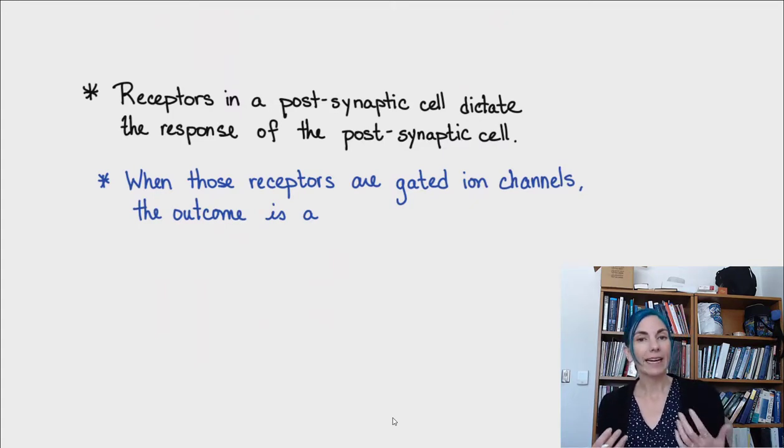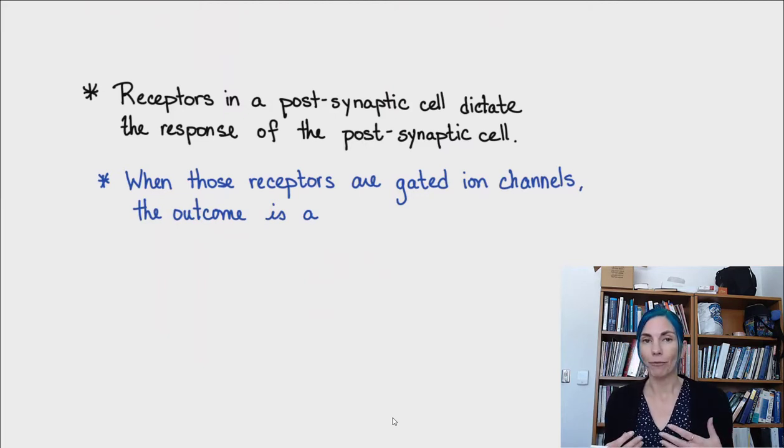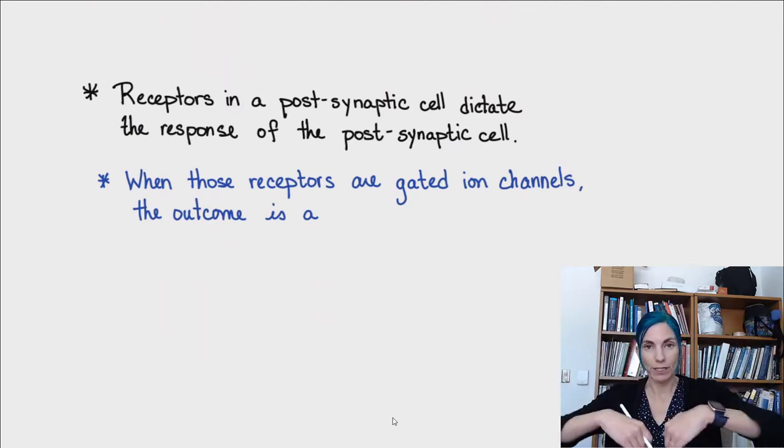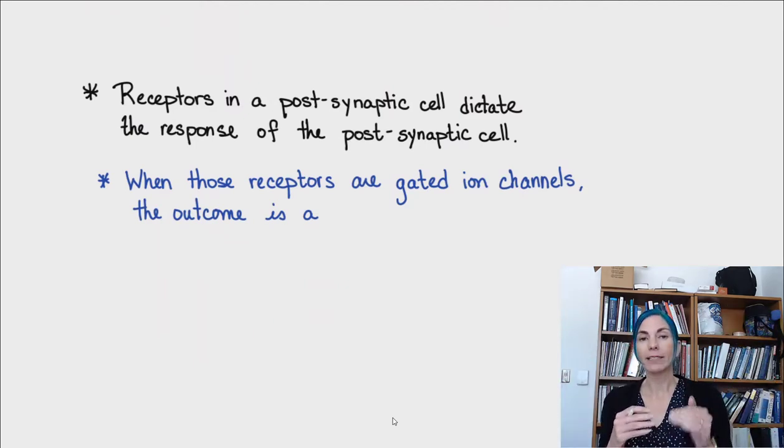So if that gated ion channel allows chloride through, chloride comes into the postsynaptic cell, causing a localized hyperpolarization. If the gated ion channel lets predominantly sodium through, then sodium diffuses into the cell, and that causes a localized depolarization. We refer to these localized changes in the membrane potential from the default minus 70 millivolts position as graded potentials.